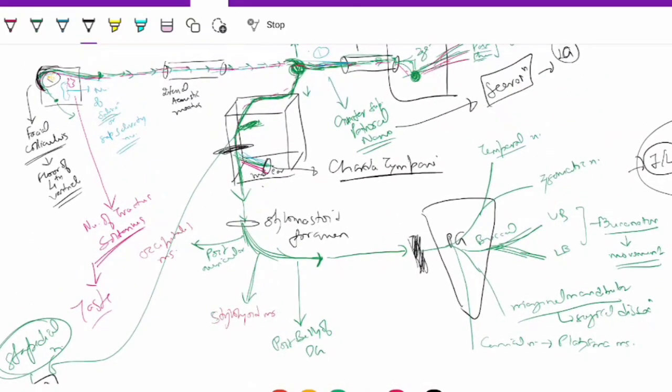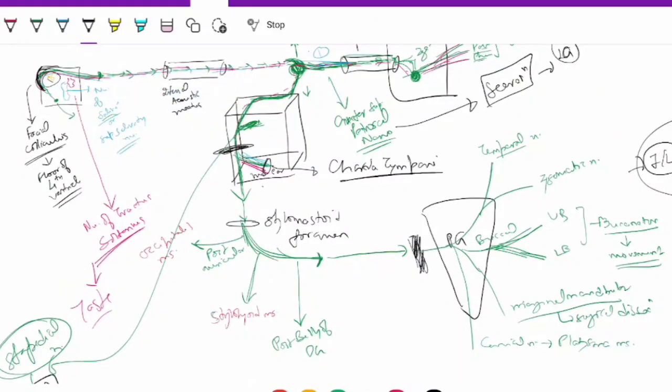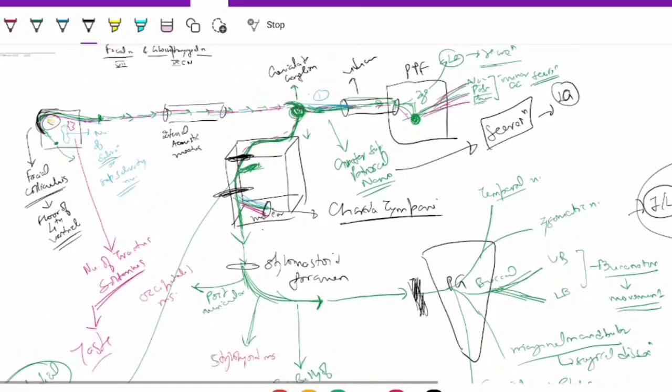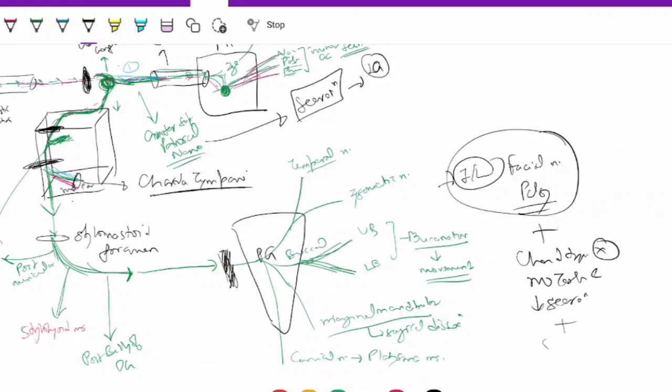So if there is a lesion above the nerve to stapedius, then your stapedial reflex will get damaged and there will be no dampening of sounds. And similarly, if there is a lesion above the geniculate ganglion, then all these features will be there: ipsilateral facial palsy, chorda tympani damage, stapedial damage.